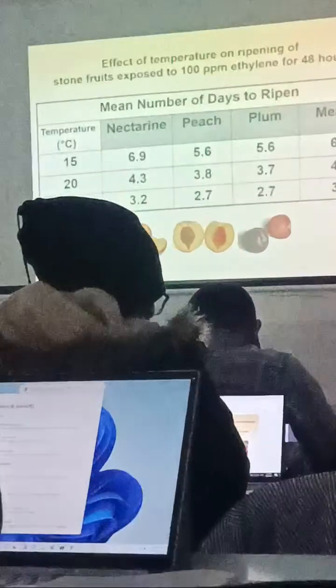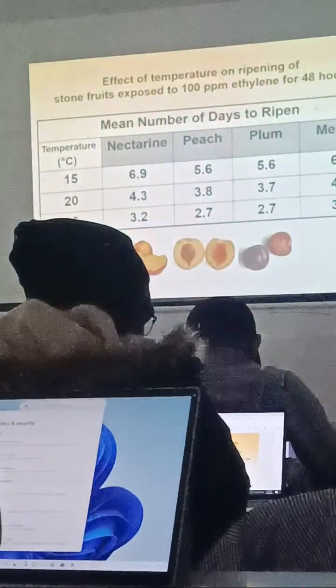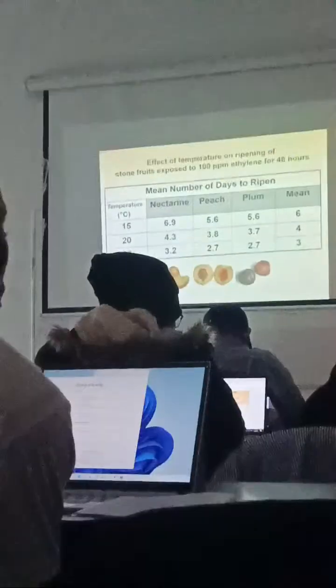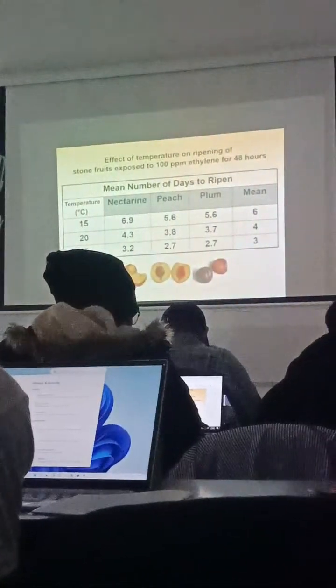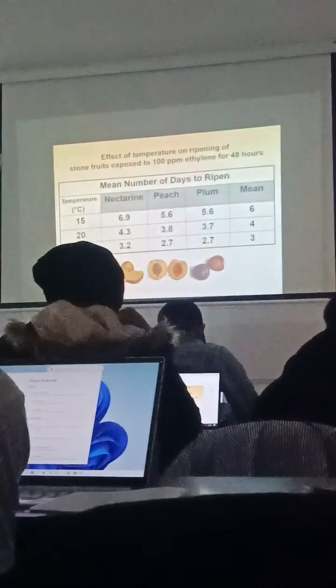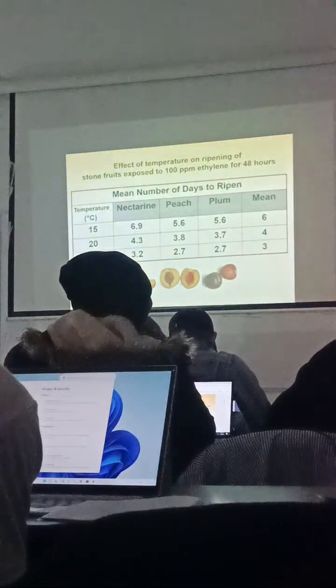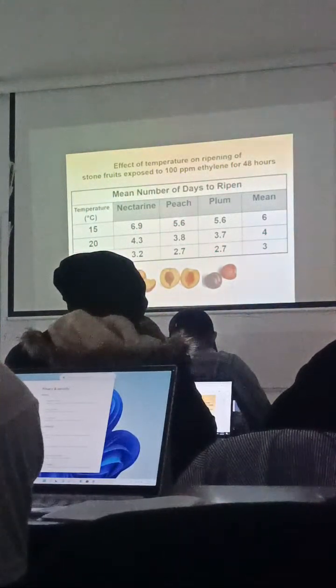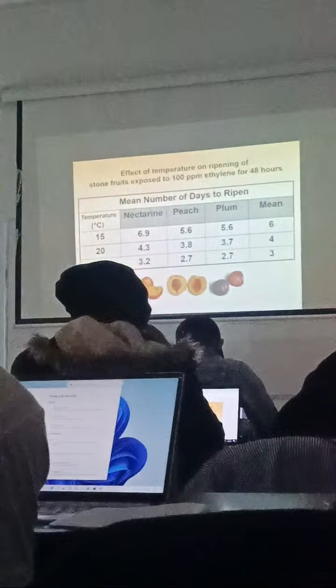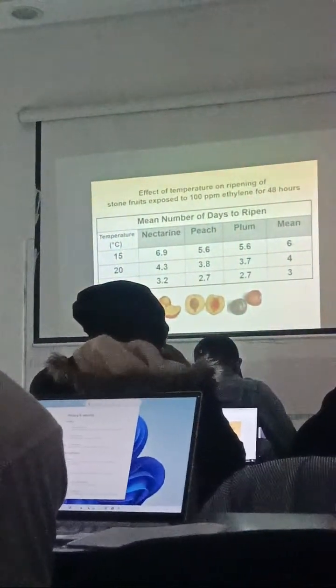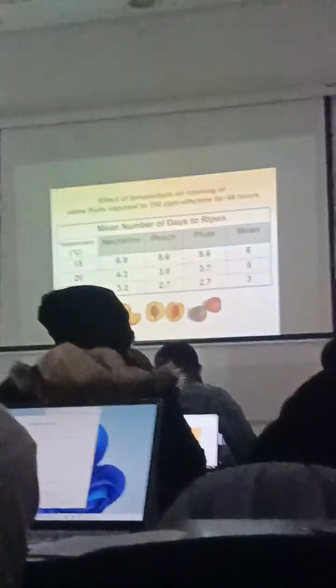For example, the time to ripen in nectarine is 6.9, 4.3, 3.2 days, okay? And if we average the 3 cultivars here, 15 degrees is 6 days, this is 4 days, this is 3 days. Okay, why is it important?